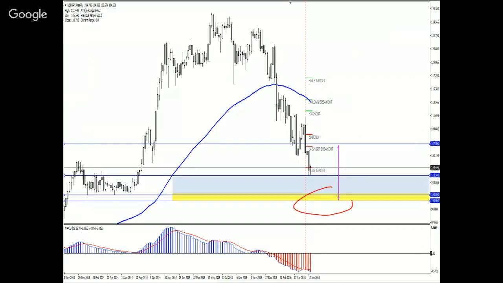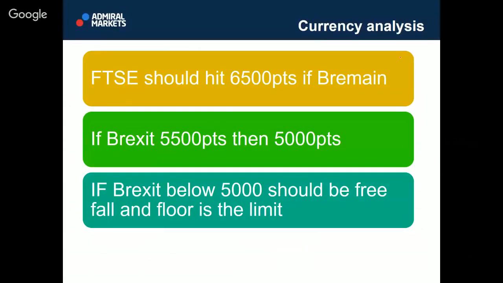Okay, for Brexit, this is the scenario. FTSE should hit 65.00 if we see a Bremain, but if we see a Brexit, 55.00, then 50.00 should be hit. But guys, if we see a drop below 50.00, it will be a free fall and the floor will be the limit.